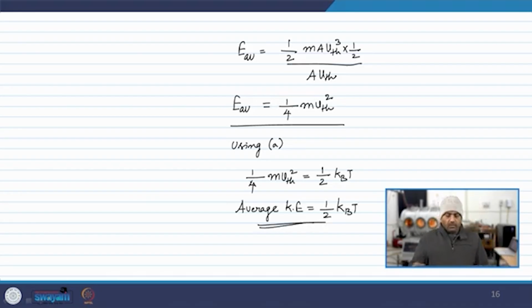Now we can extend this into a three-dimensional picture, where we take the distribution function. It used to be f of u.